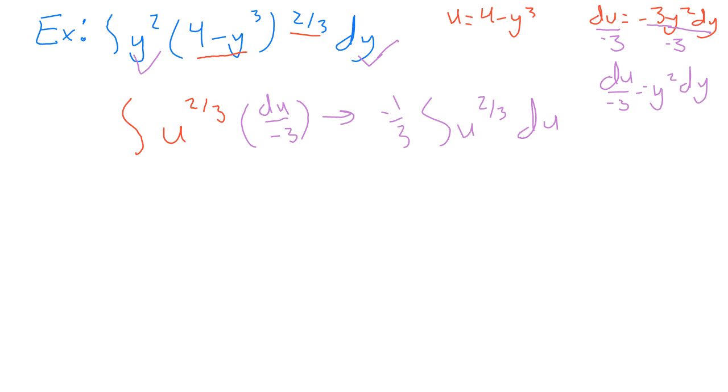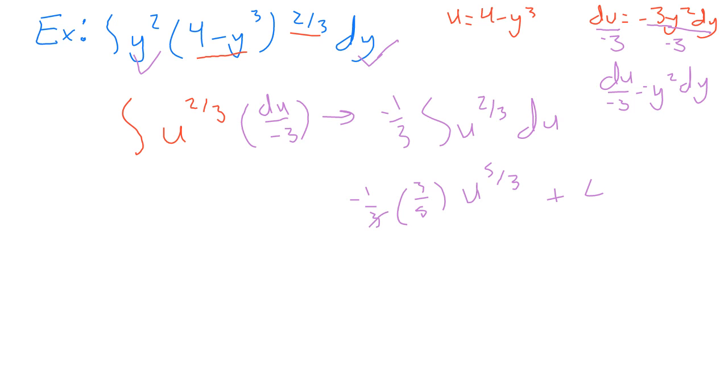Once again, this is just a normal power rule. So we're going to get u to the 5/3, and we're going to have negative 1/3 times 3/5, since that's the inverse of our exponent, plus c.